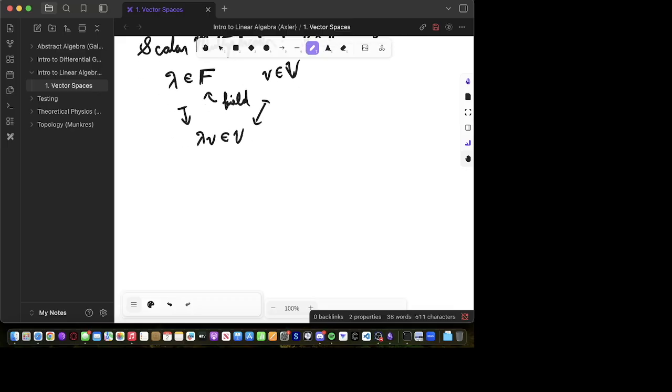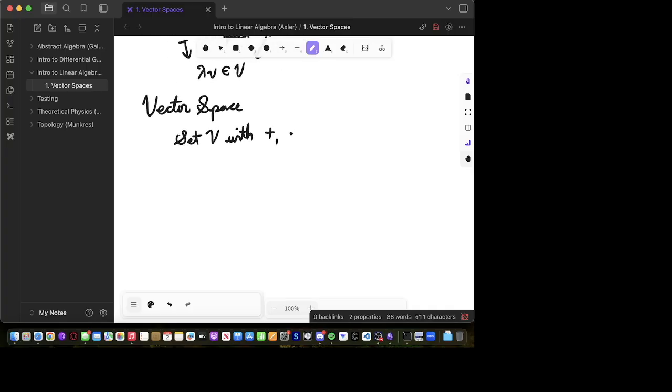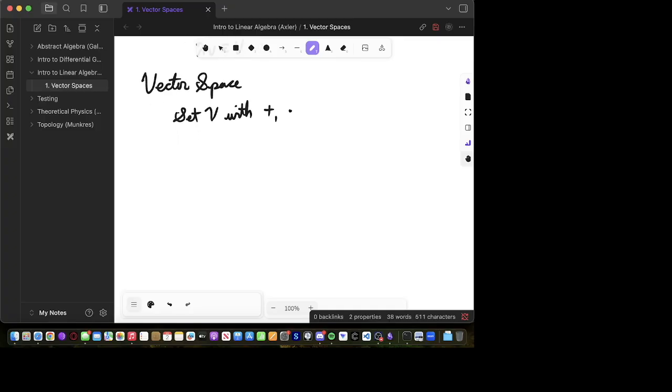So now let's define a vector space. A vector space is a set V with addition and scalar multiplication, I'm just going to use those 2 symbols as shorthand, such that the following properties hold.